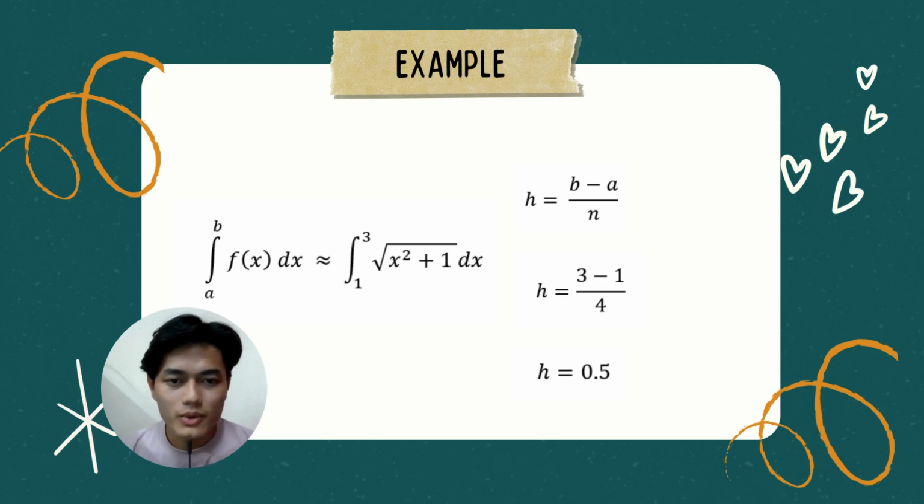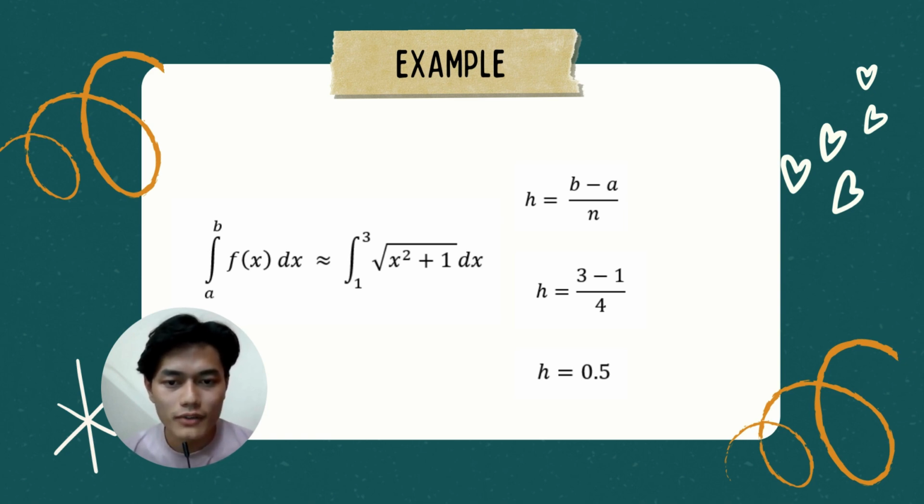Okay, this is an example question of the trapezoidal rule. Given the integral from a to b of f(x) dx equals the integral from 1 to 3 of square root of (x squared plus 1) dx. First we need to find h. The given formula for h is (b minus a) over n.